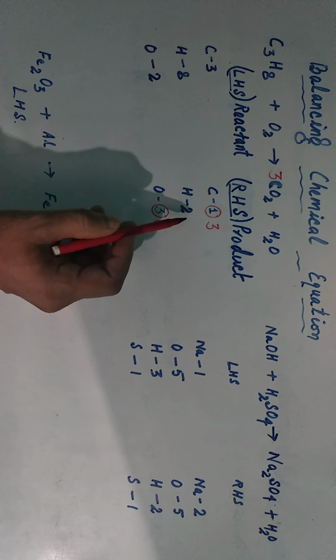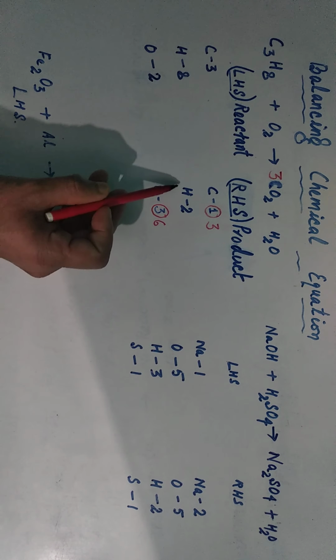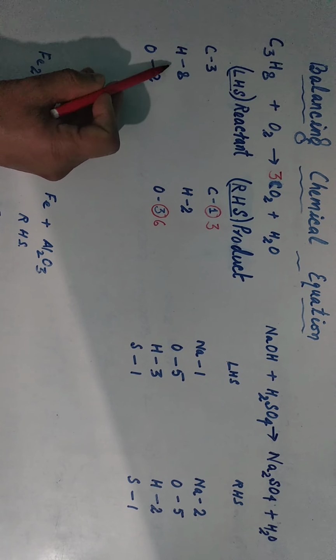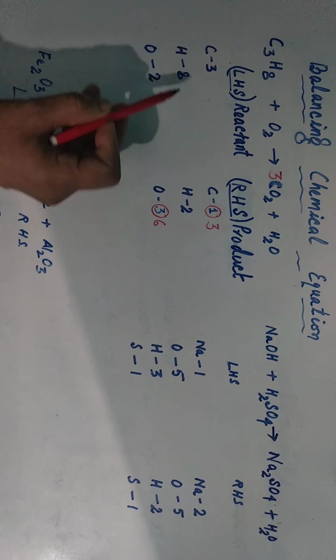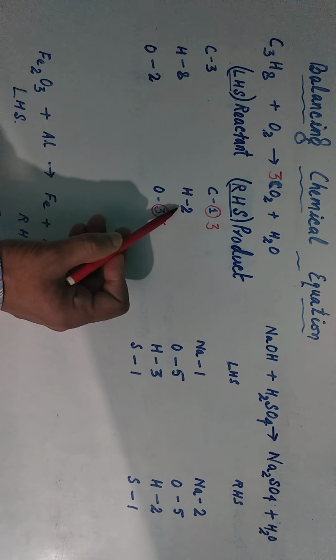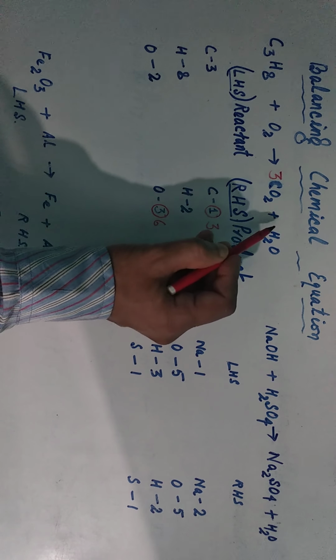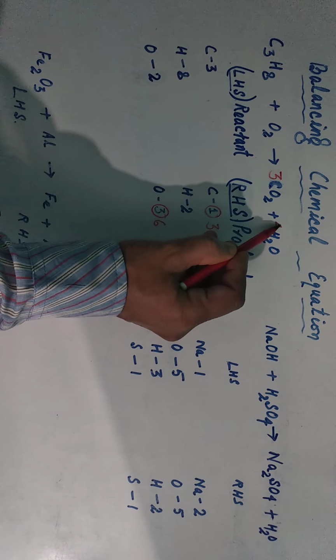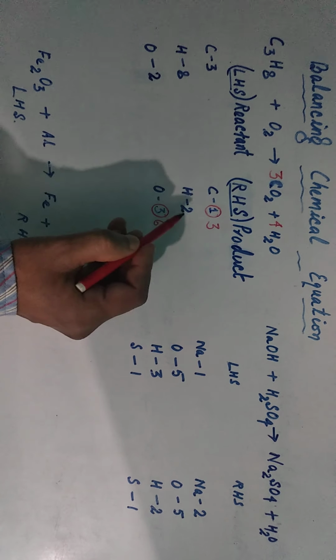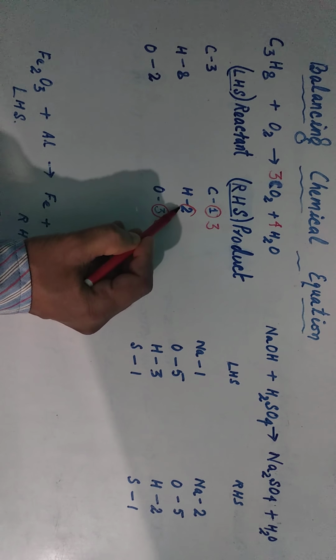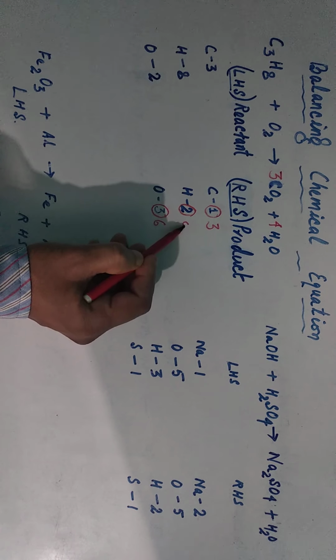Friends, now let us take hydrogen into consideration. On the left hand side we have 8 atoms of hydrogen and on the right we have 2 atoms of hydrogen. Fine. In order to balance this hydrogen, we need to multiply by 4 here. 4 into 2, 8. So the new hydrogen atom count will be 8.